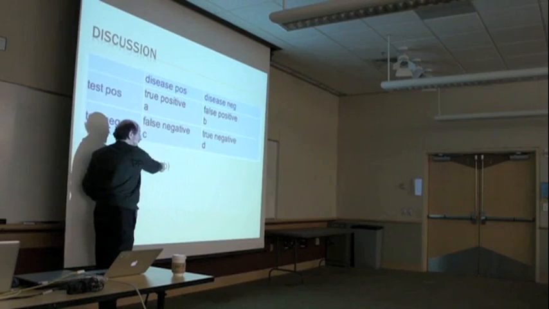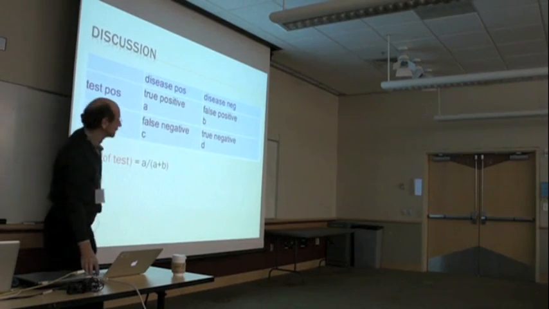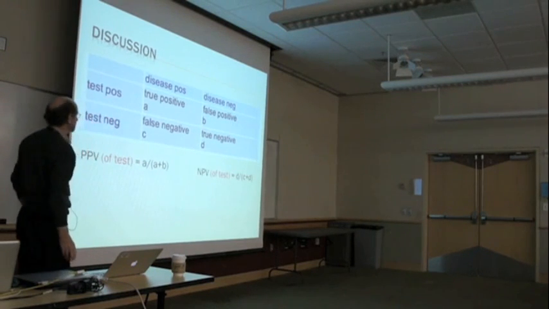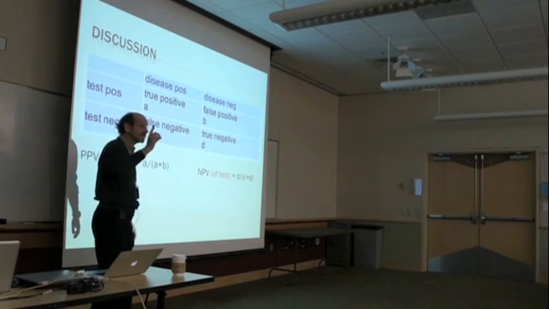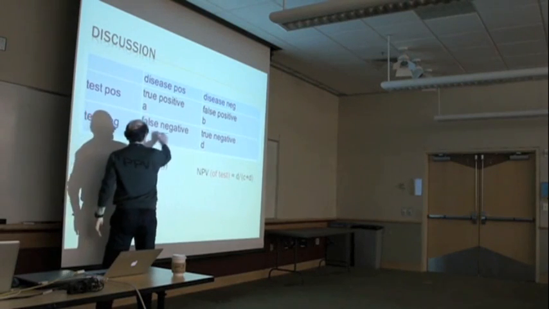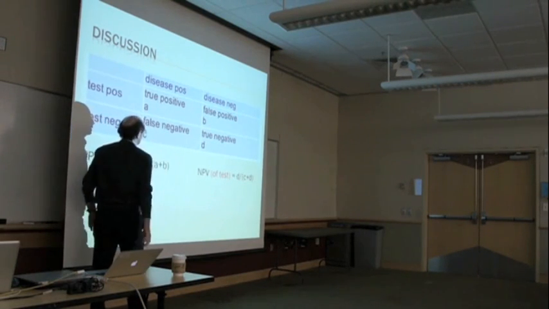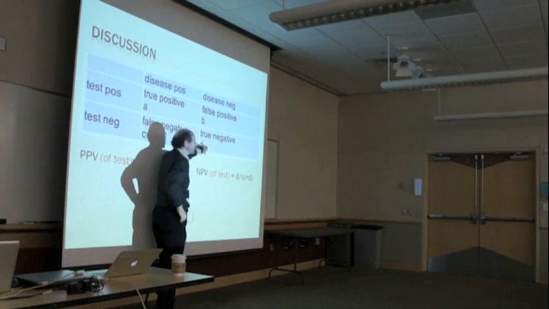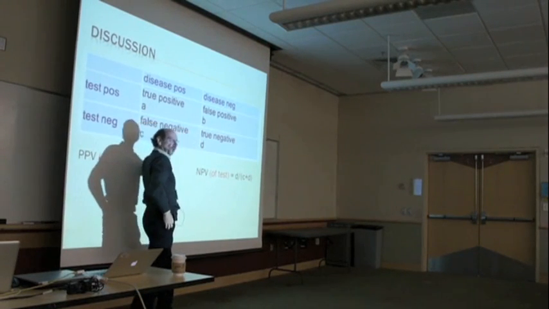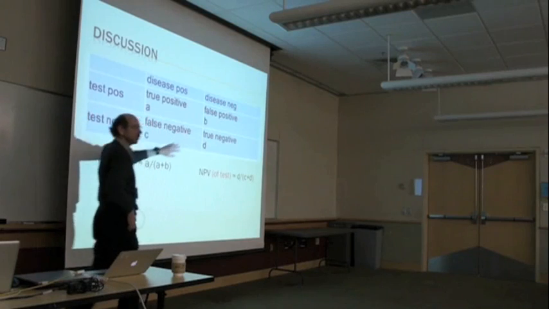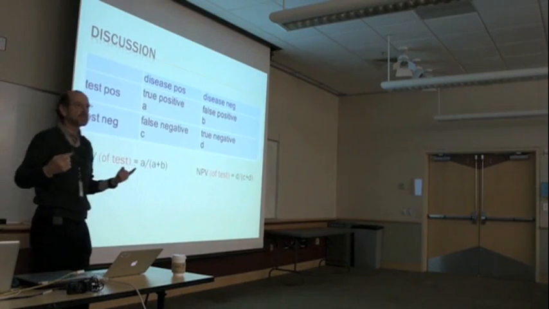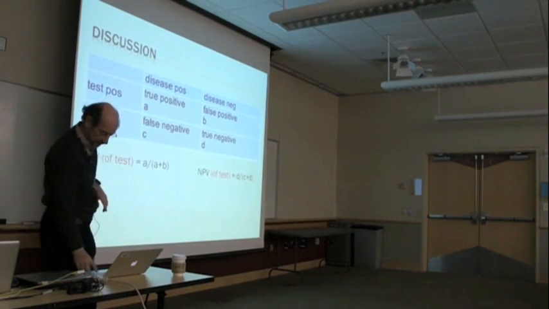So it's A over A plus B. In exactly the same way, the negative predictive value of the test is going to be on the test line. So it's going to be how often it's true negative over all the negatives. Okay, so think about positive and negative predictive value being about the test.